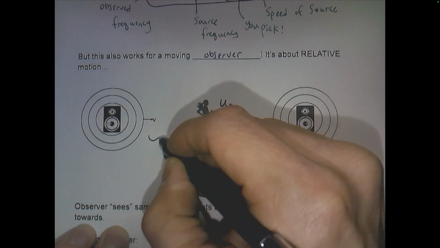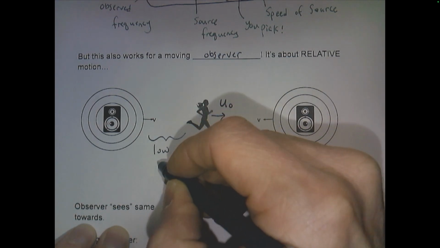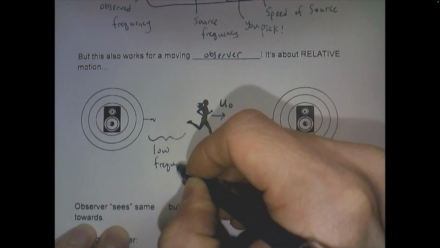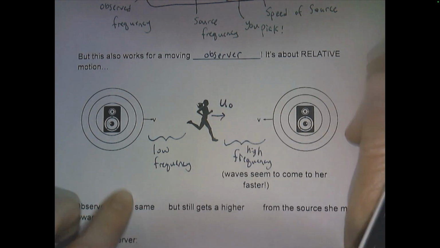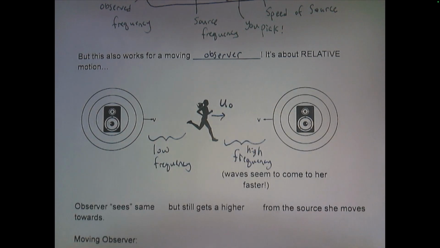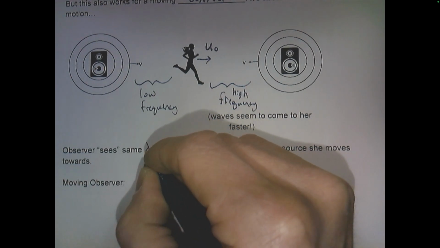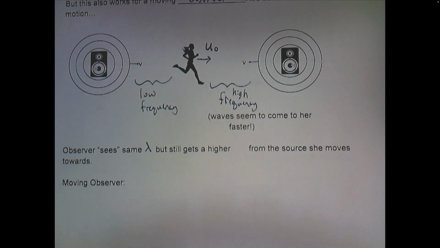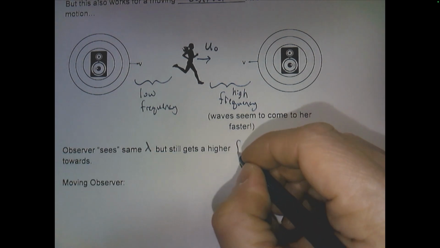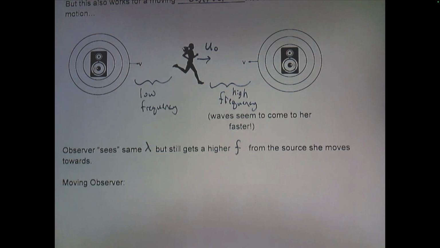The opposite effect happens over here. She's going to hear a lower frequency as she runs away from this source, because she's running away from the wavefronts. It's going to take longer for each wavefront to reach her. So we'll say that the observer "sees," and I put sees in quotes because it's sound and you can't see sound waves, but she experiences the waves with the same wavelength. They don't have different lambdas, but she still gets a higher frequency from the source she moves towards.